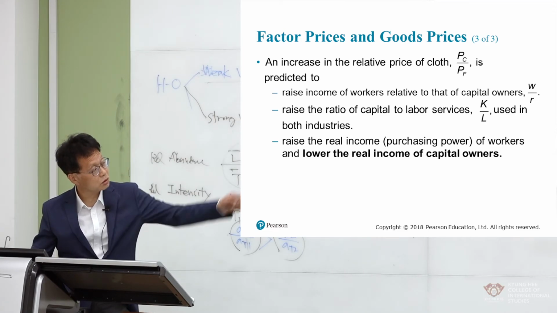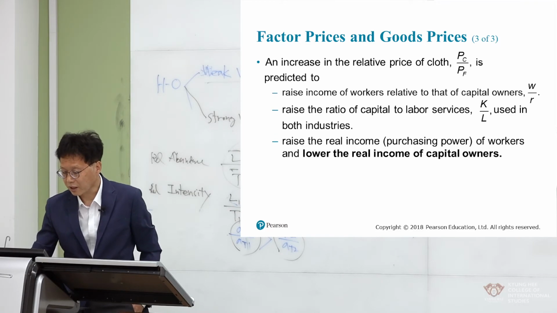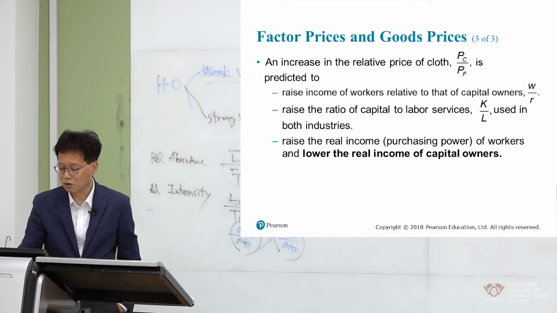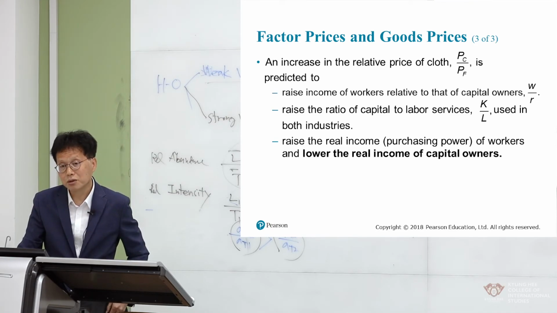If we stick to the earlier graph, this one should be changed: Li over Ki decreases. Anyway, W over R increases, meaning relative income increases. But more important than that is this: it raises the real income of laborers and lowers the real income of capital owners.